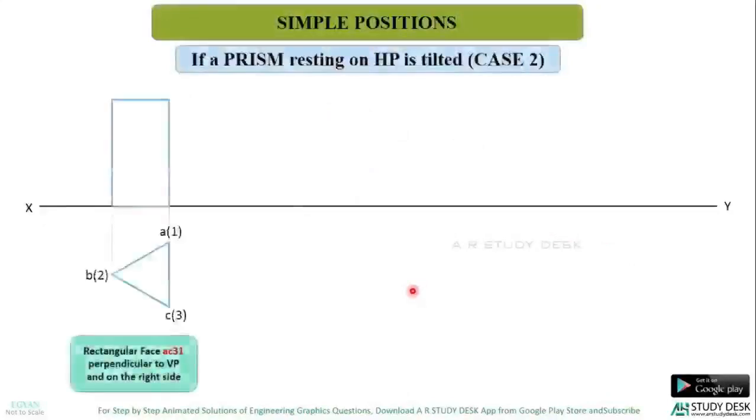Here, the triangular prism is kept such that the rectangular face is on the right side and it is perpendicular to VP. So on the top you have AC, the edge AC, and on the bottom you have 1, 3. Okay.